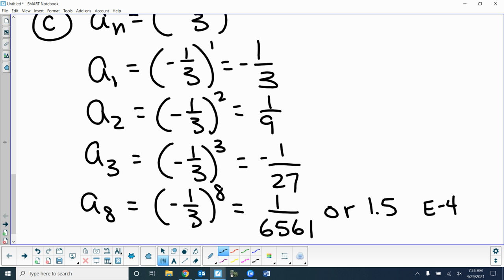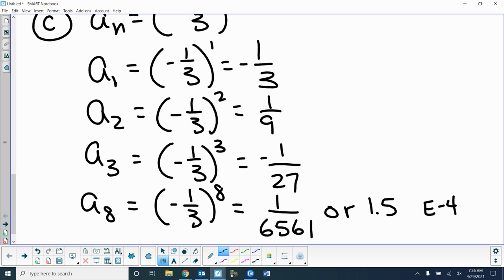So don't put just the 1.5. What's the e to the negative 4 telling you? Yeah, times 10 to the negative 4th, meaning you're moving the decimal point which way? Left 4 spots. So that's where it's the 3 zeros in front. So it's 0.00015 and so on. Okay?